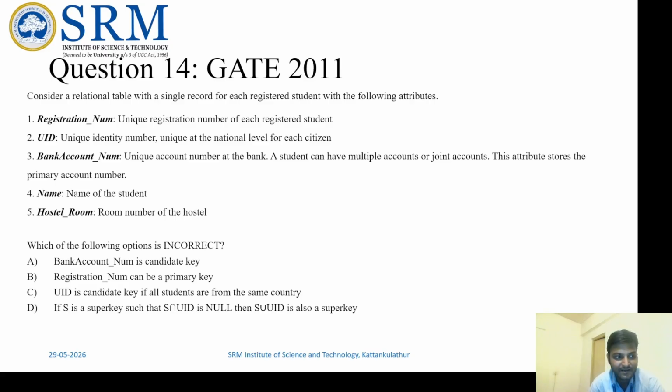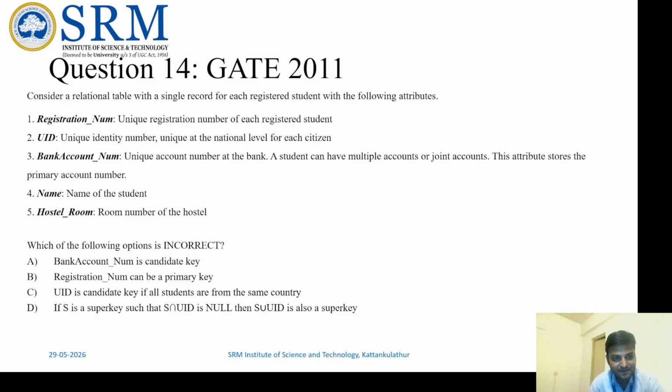That means UID, a single attribute, is not part of the set S. Then the union of S and UID is also a super key, obviously, because any key is a subset of a super key, maybe proper, maybe improper. So according to this, D is also correct.